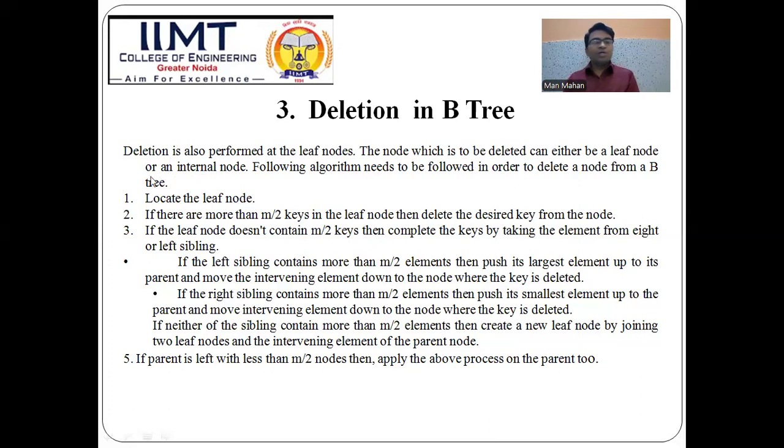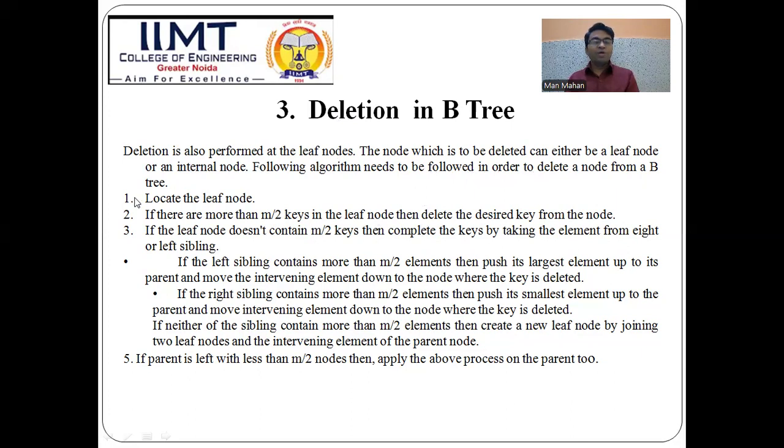Now here we take it. Deletion is also performed at the leaf node. The node to be deleted can either be a leaf node or an internal node. First of all, we check whether it is a leaf node or an internal node. The following algorithm needs to be followed in order to delete a node from the B tree.